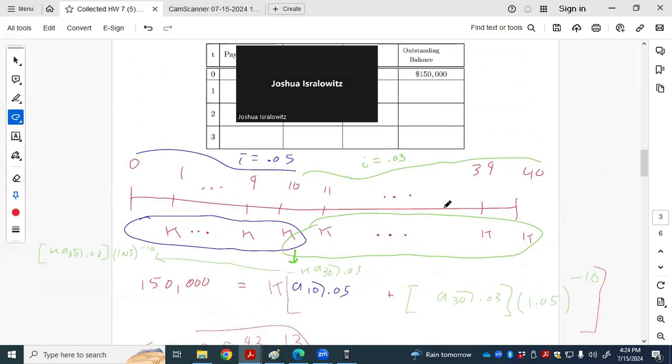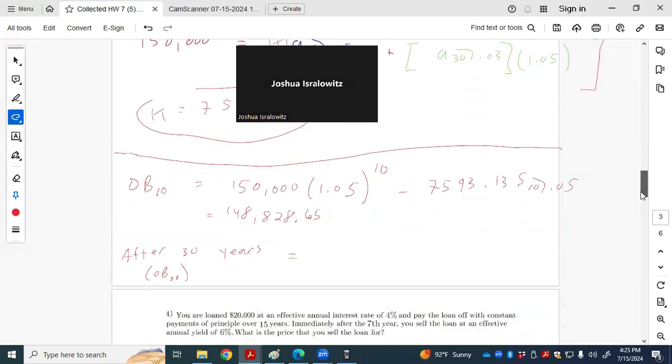I'm not going to touch the time diagram, but we're looking at 10 to 30. So it's 20 years into kind of my new loan. And as I've mentioned a million times, this is a good way of thinking, because if you did want to refinance, you would need a literal new loan of $148,828.65.